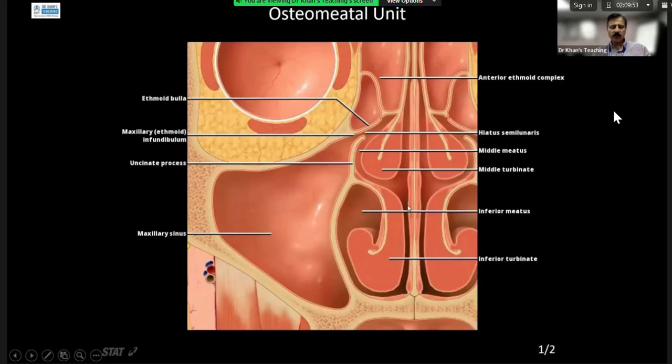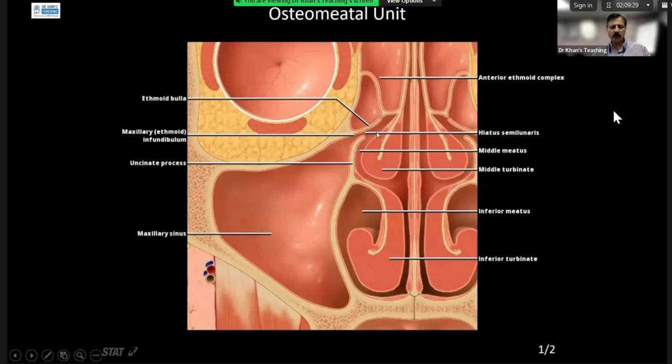There is a surgical procedure, we call it FESS, F-E-S-S in capital, functional endoscopic sinus surgery. The basic concept is that they want us to tell them if there is obliteration of the osteomeatal complex, also known as the osteomeatal unit.